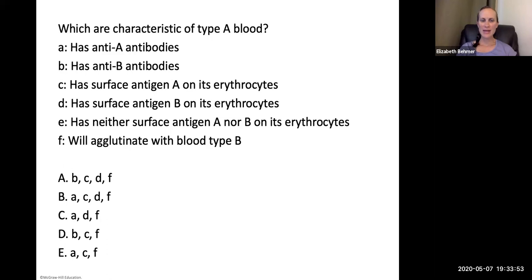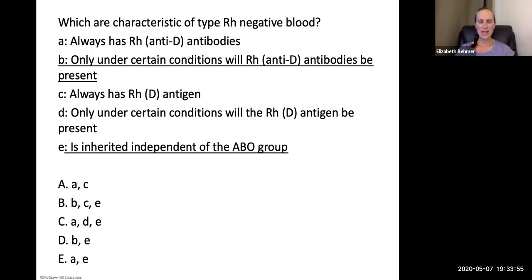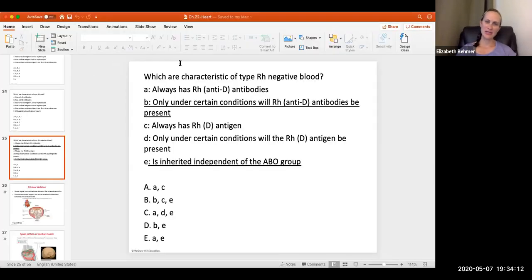Here's type A blood. This one I underlined the answers because I didn't include this one really in our discussion from Tuesday, which are characteristics of, I think it's Rh negative, of their blood. And the answers are, I can't always see the top of my screen. So Rh negative blood, only under certain conditions will it produce its antibodies, and it'll only do that if it's exposed to an Rh positive blood type.